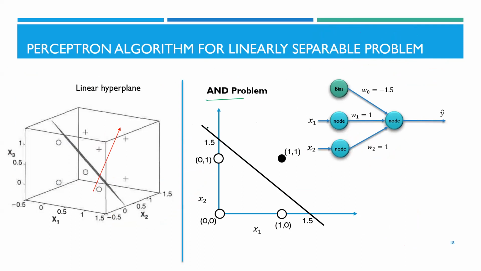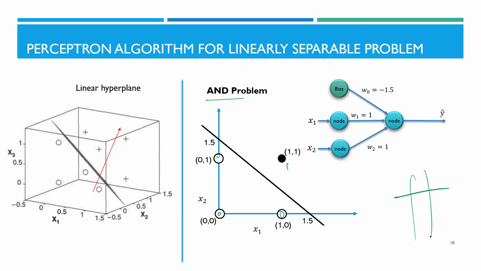If the input is 0, 0, then the output is 0. If the input is 0, 1, it will be 0. If 1, 0, it is 0. It will be 1 only if the input is 1 and 1. So this is the AND problem.